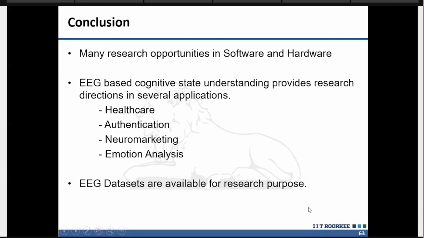As well in hardware, there are different kinds of things.